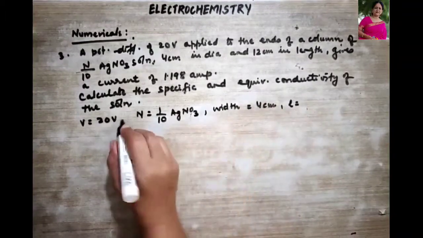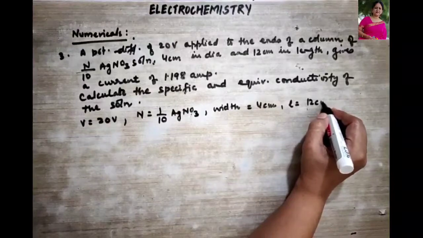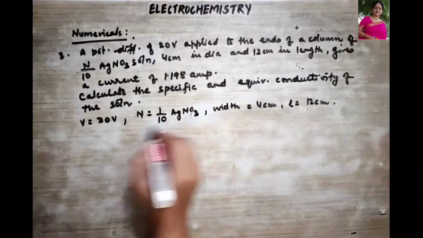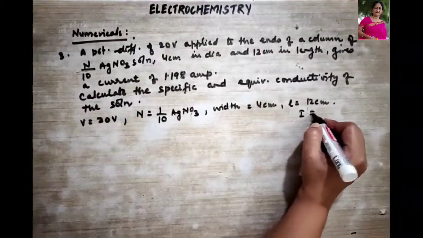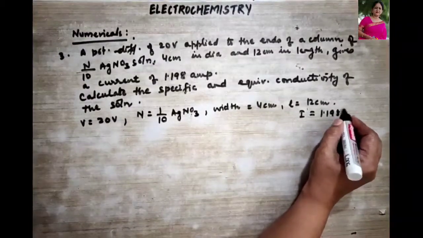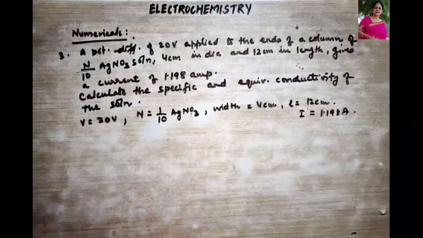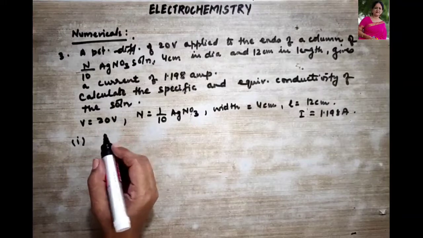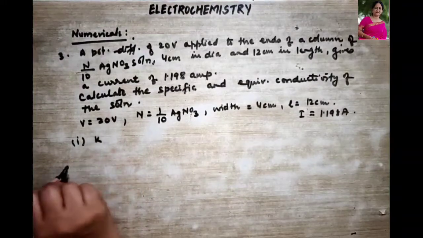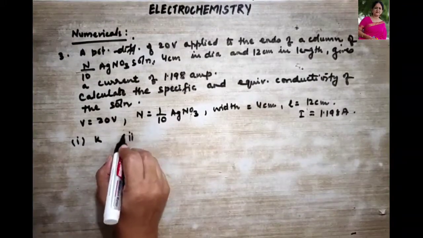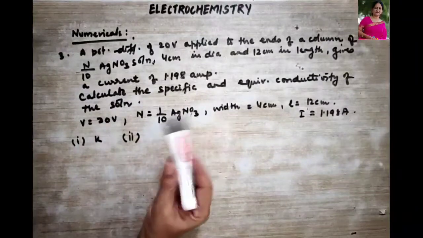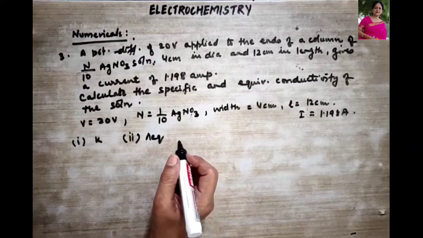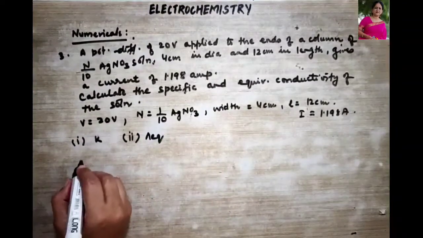Length is given to you as 12 centimeters. And current, that is I, is given as 1.198 ampere. Now, firstly we have to find out specific conductivity, that is K, and second, equivalent conductivity. So let's use the formulas.